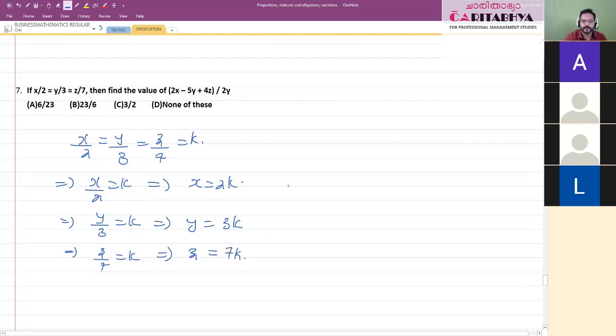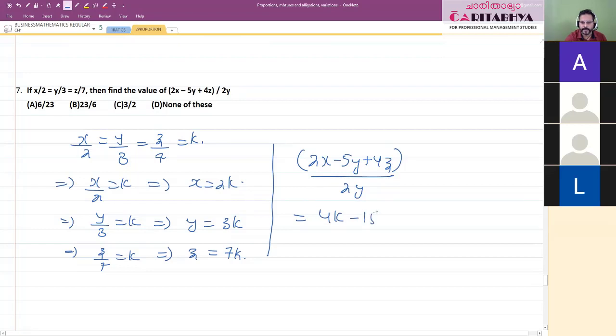നമുക്ക് വേണ്ടത് എന്താണ്? x ഉം y ഉം z ഉം in terms of k കിട്ടി. 2x minus 5y plus 4z divided by 2y. Okay. 2x, that means 2 into 2k, 4k, minus 5 into 3k, 15k, plus 7 into 4, 28k, divided by 2y, 6k.